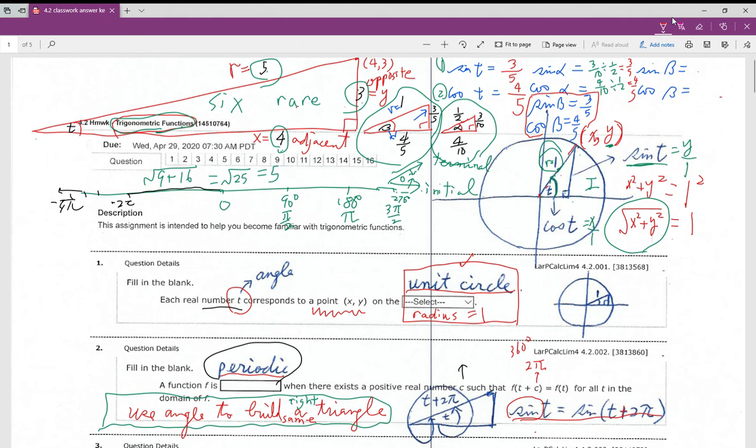Now a question comes up here. If sine t equals sine alpha equals sine beta, do you believe those three angles are equal? Angle alpha equals angle beta equals angle t.